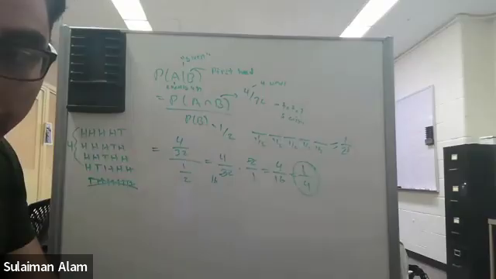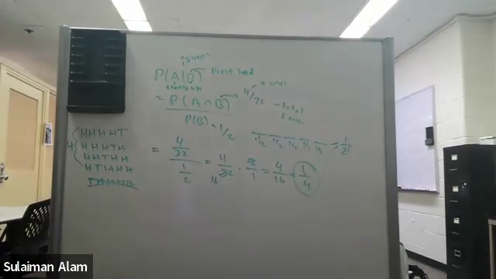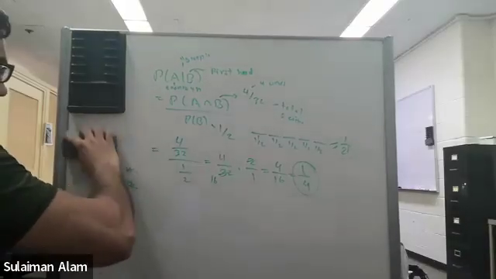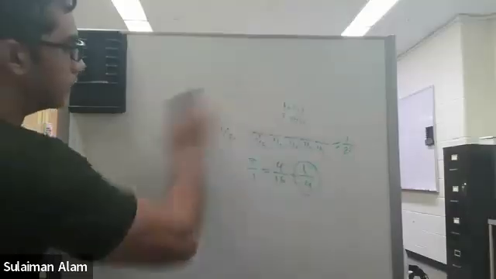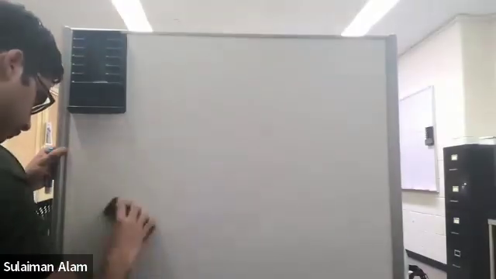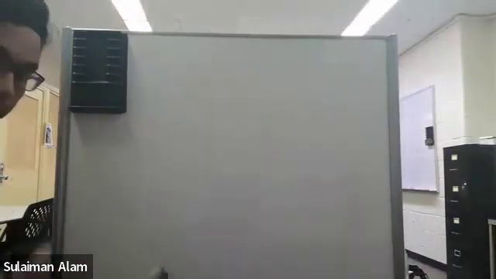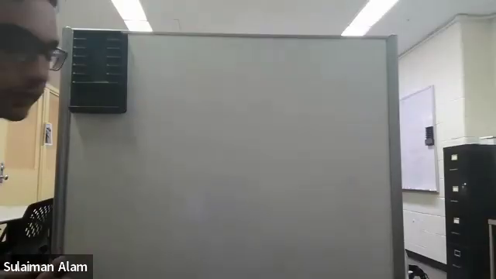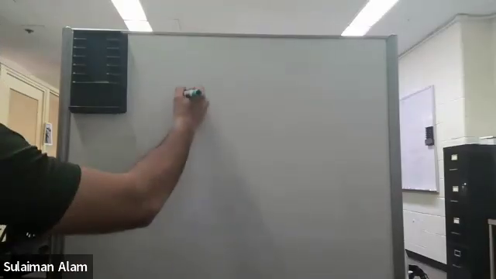How do I find if an event is independent? Independence. That's the probability of A and B is equal to the probability of A times the probability of B. There's a formula for it. I forgot. Here's the formula, I think.